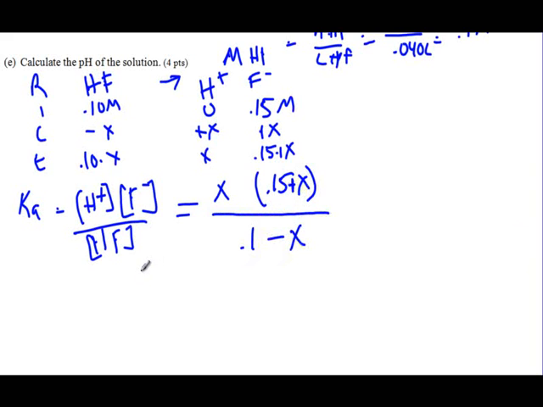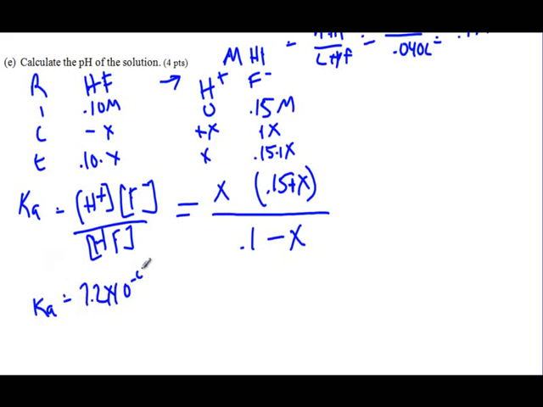Here we have to think about what we're going to do with our x's. We got kind of a mess here. What we know is HF is very weak. We know the Ka is 7.2 times 10 to the minus 4.